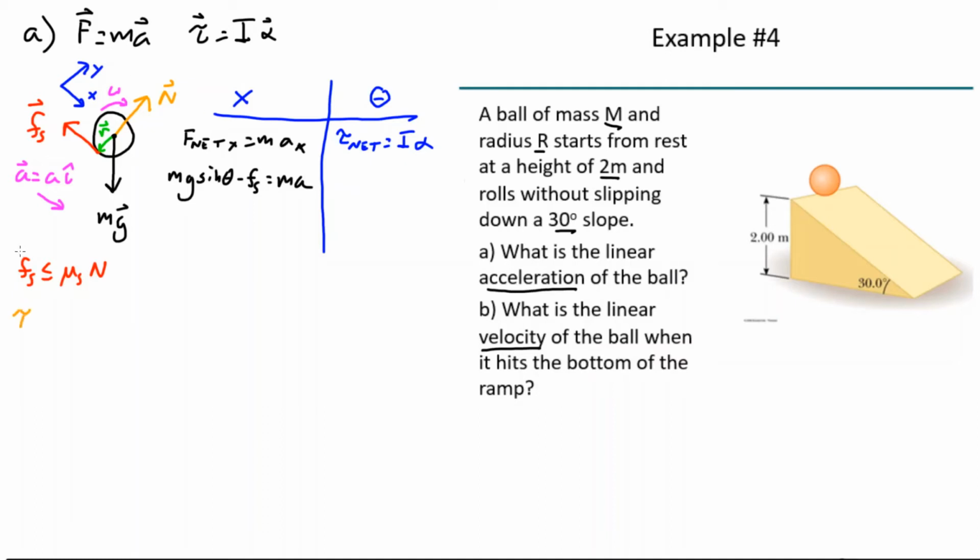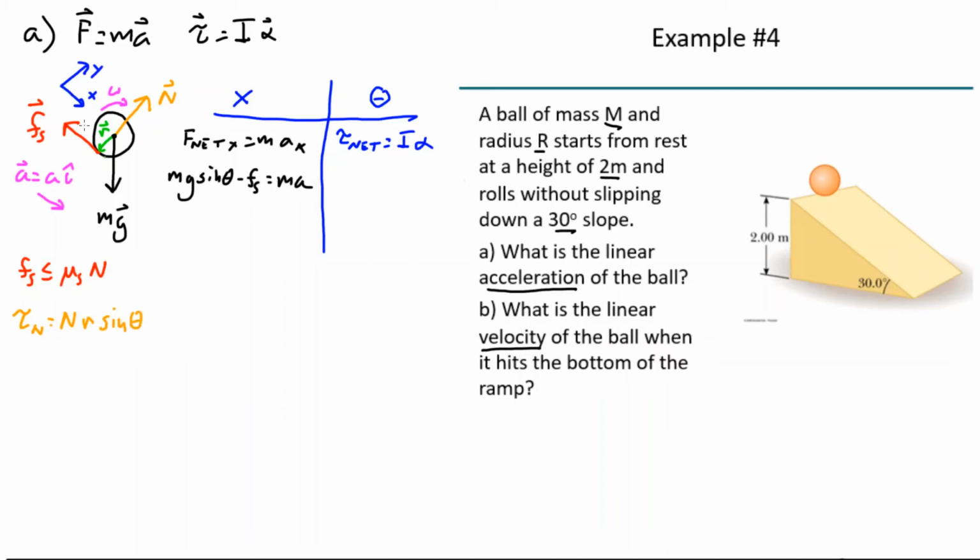So the torque from the normal force we can write as the normal force N times r, which is the distance away from the center of mass that this normal force acts, times sine theta.